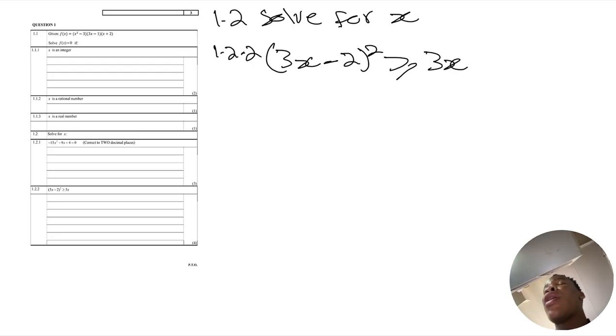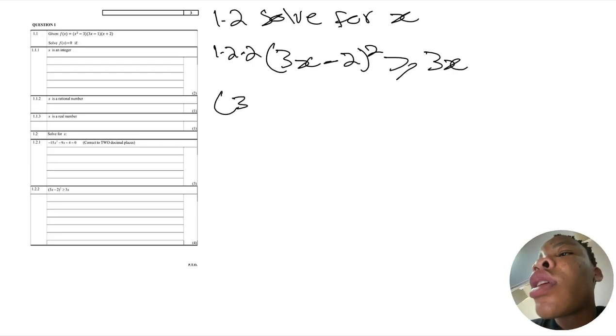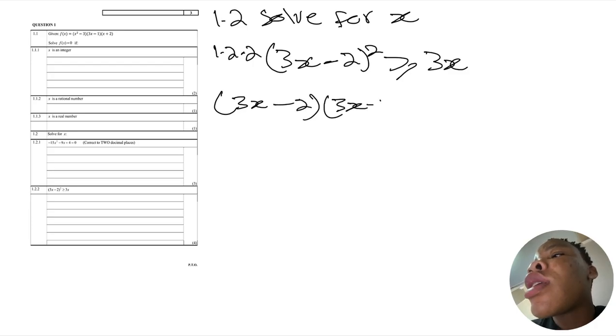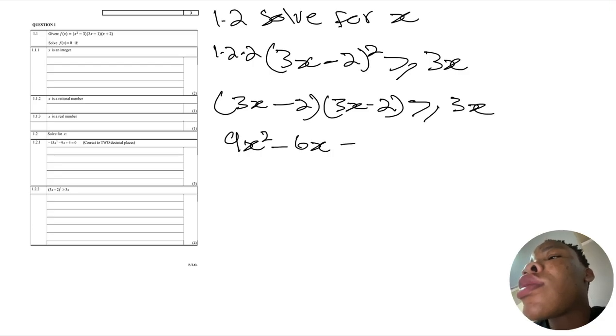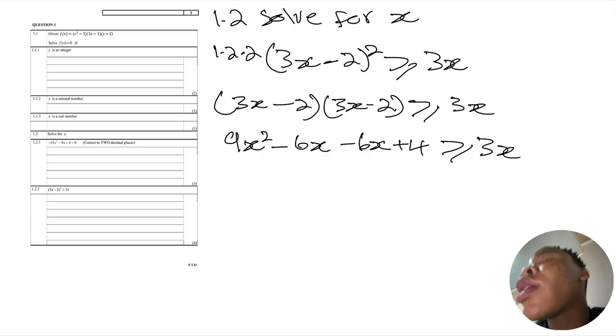So first thing we do here, we open the brackets: 3x minus 2, 3x minus 2 greater than or equal to 3x. Now we multiply over, we'll have 9x squared minus 6x minus 6x plus 4 greater than or equal to 3x.